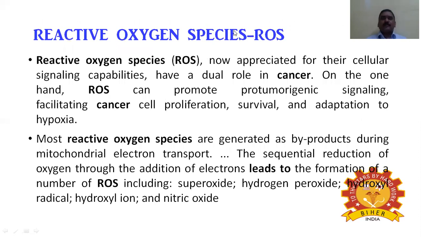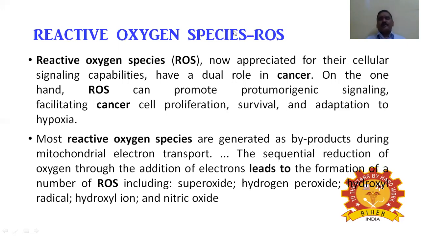Next, I'm coming to reactive oxygen species, or ROS. Very important in disease biology. Reactive oxygen species are now appreciated for their cellular signaling capabilities. It has a dual role.